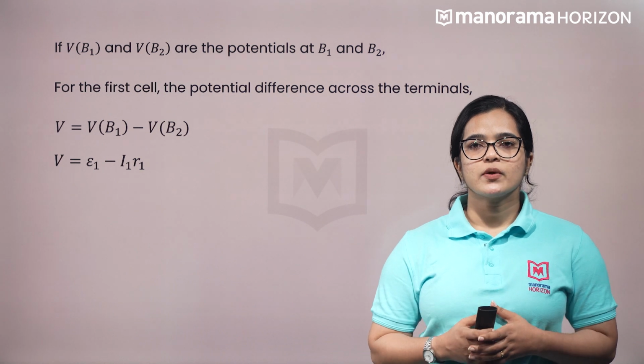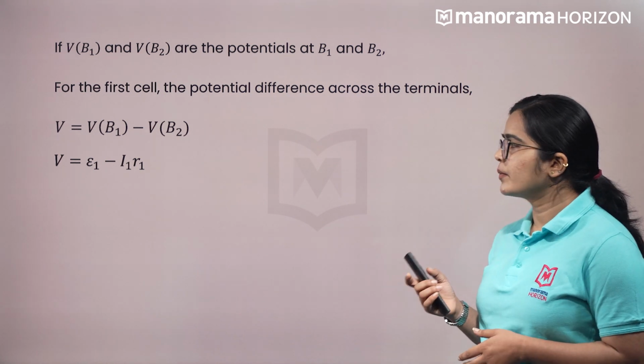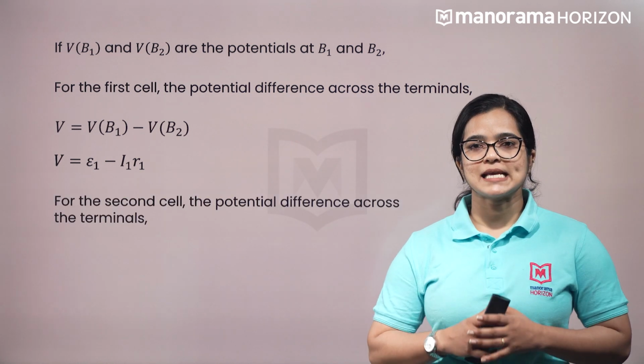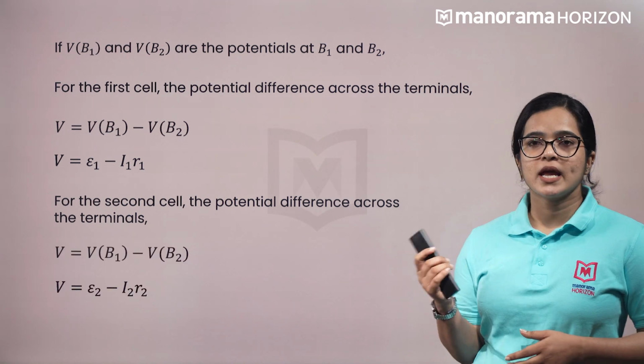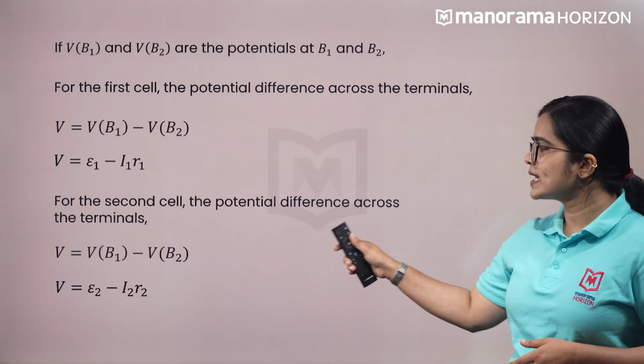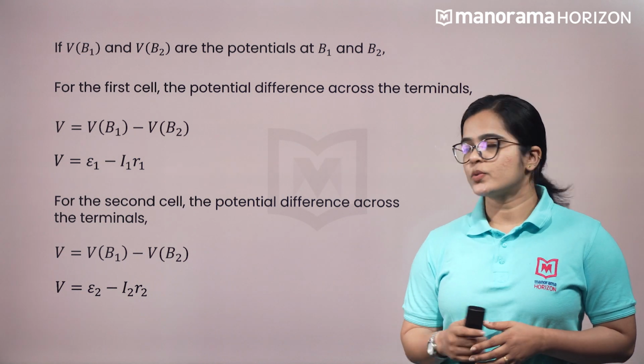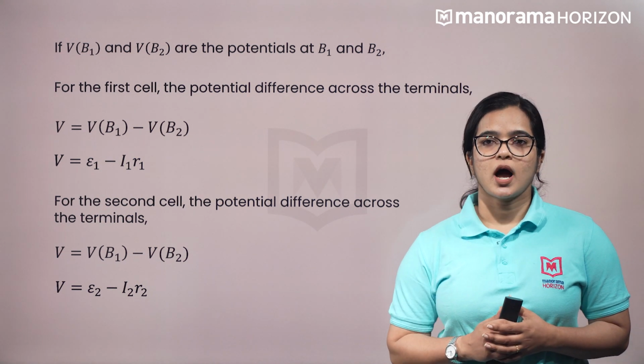That is, V equals E1 minus I1 R1. For the second cell, the potential difference is given by V equals V of B1 minus V of B2, that equals E2 minus I2 R2.